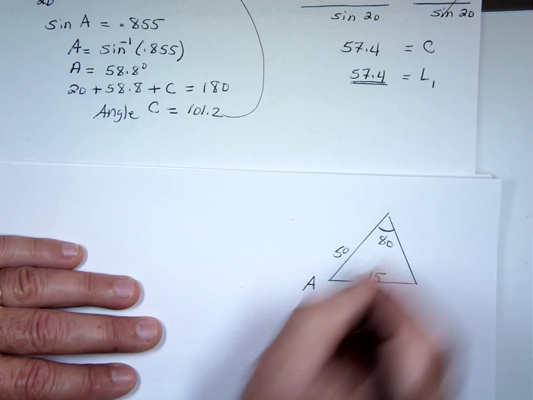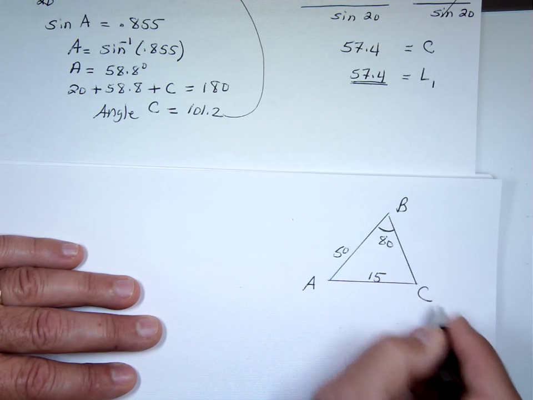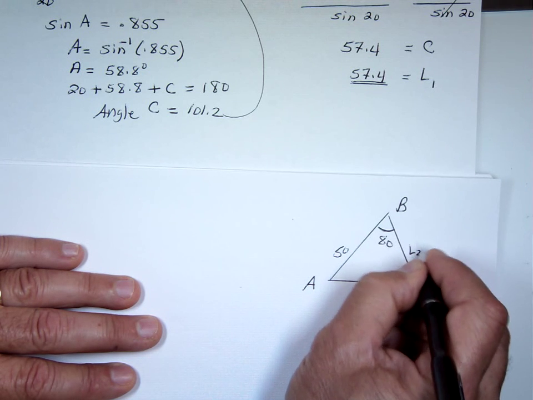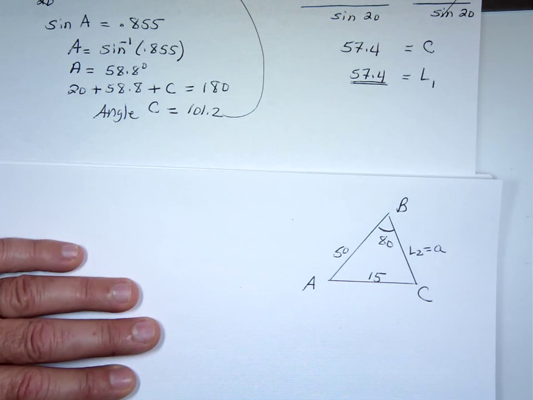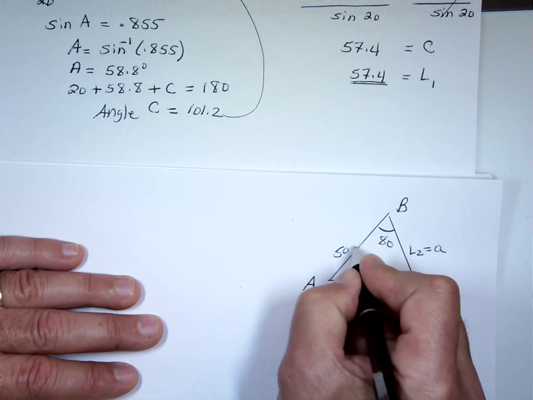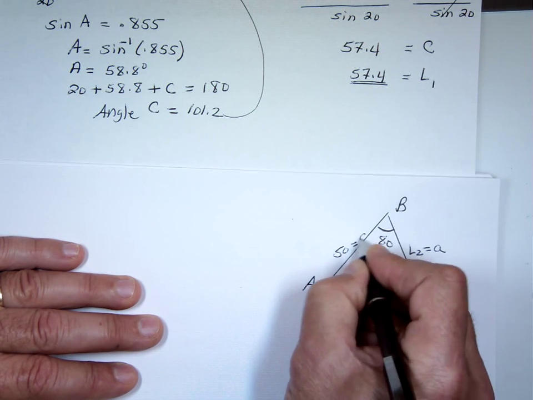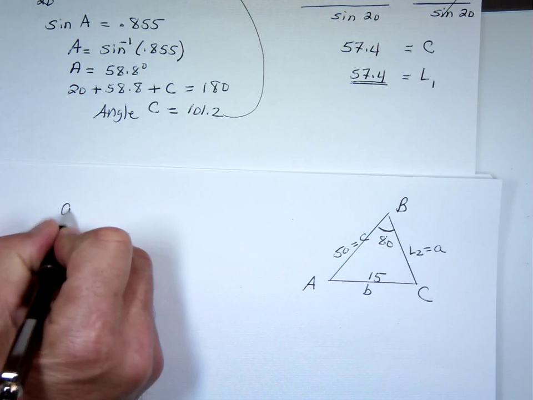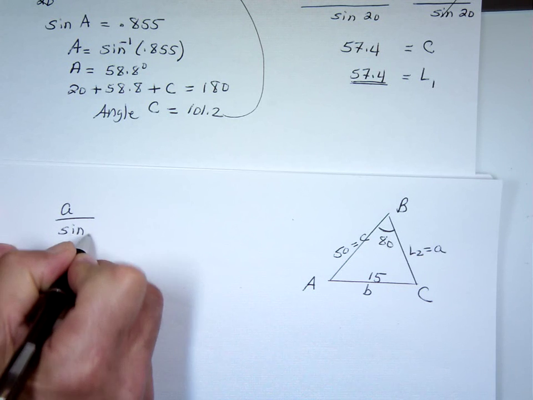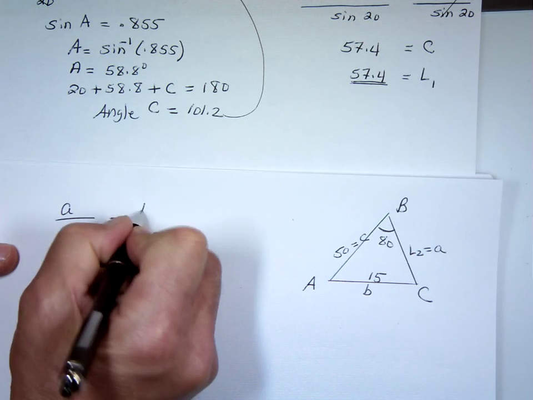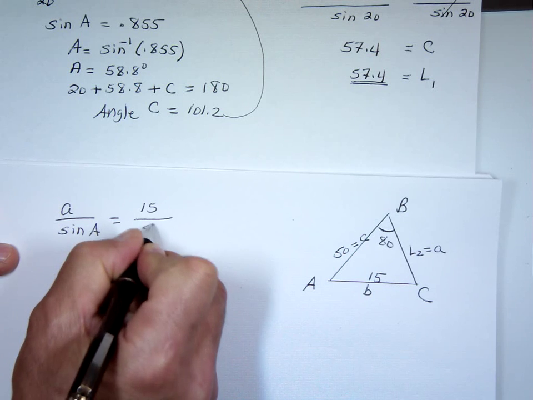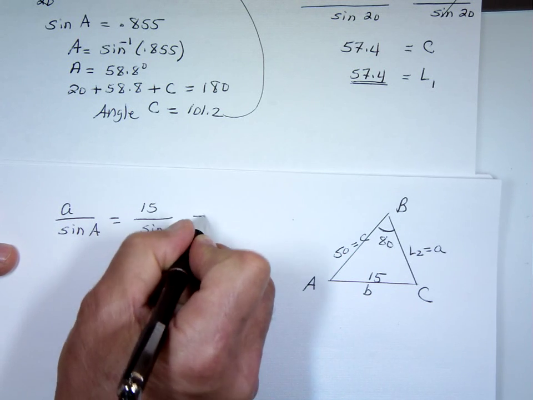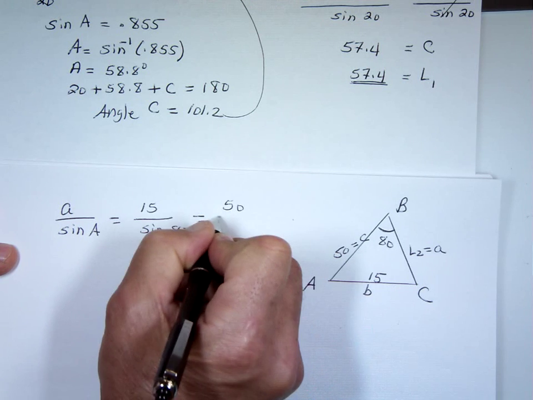A, B, C. This is L2, which is equal to side A. This is side B, and this is side C. Again, the law of sine here, A over sine of A, that's unknown, equals B, which is 15, over sine 80, which equals what? C, which is 50, over sine C.